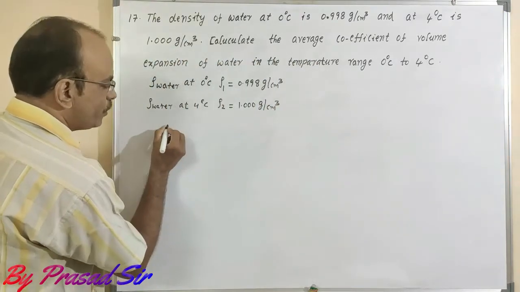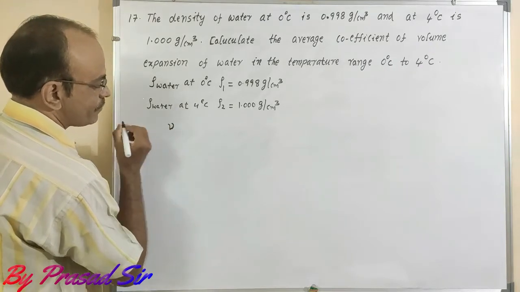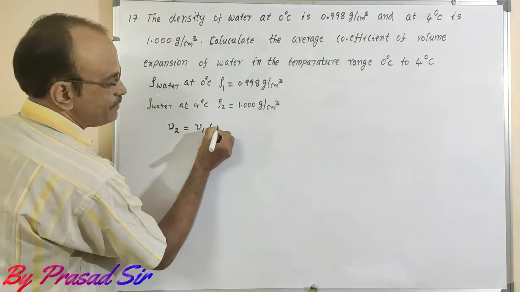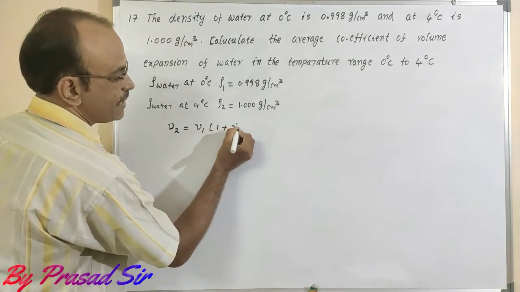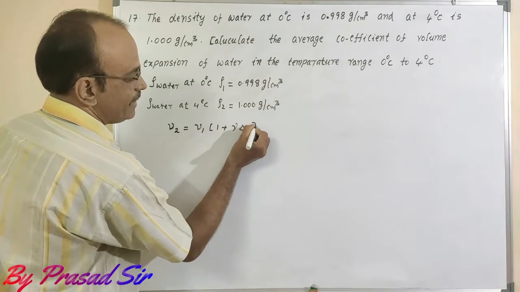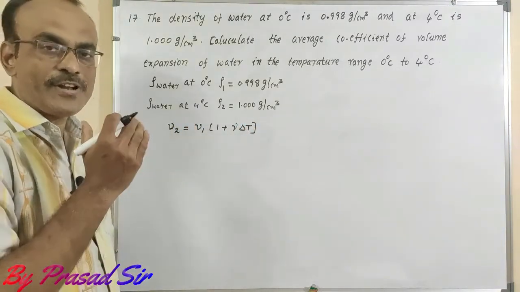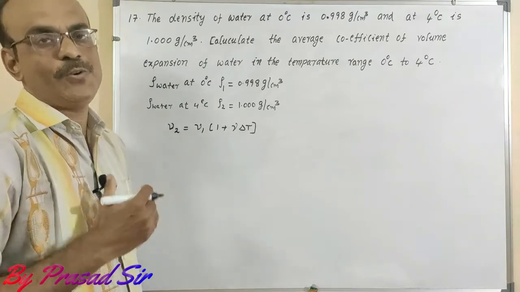Here we know the formula, that is V2 is equal to V1 times 1 plus gamma into delta T. So this is the formula. From this formula, which one do we want to calculate?